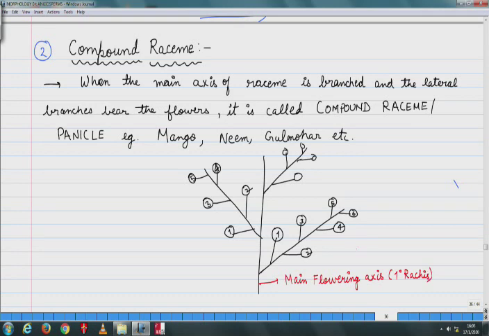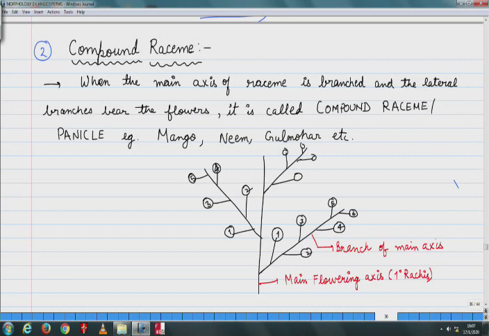This is the secondary flowering axis. You can call it the secondary rachis, on which new racemes are present. These are branches of the main axis.